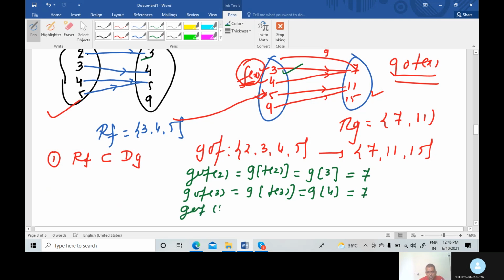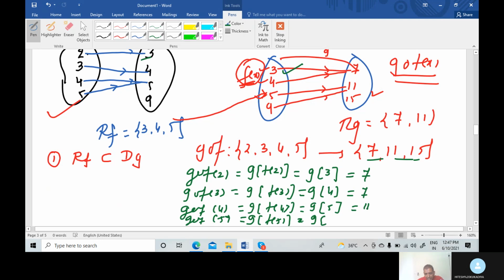Now we calculate GOF4, so G of F4. F4 answer is 5, and G5 answer is 11. Our answers are only 7, 11 and 15, not more than these three values. So now G of F5.